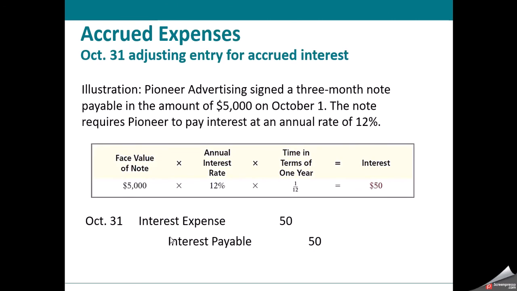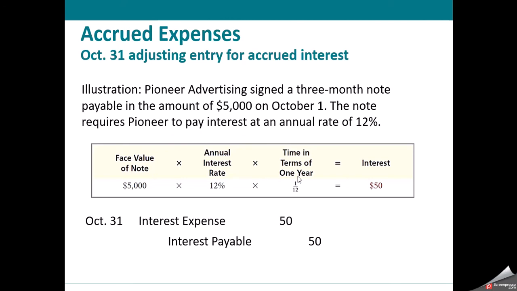So here's an example. If they have a 3-month note that starts on October 1st, but it's not going to be paid again till the end of 3 months, but they know that they have to pay a rate of 12%. So this is our interest equals principal times rate times time formula. So this is our principal, the face value of the note. This is our rate, the 12%, and this is our time.